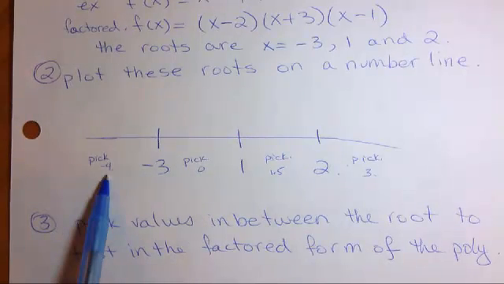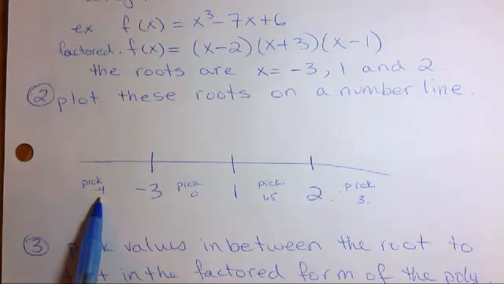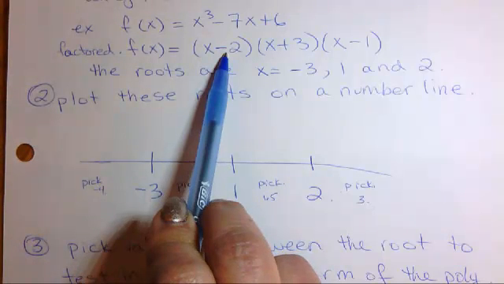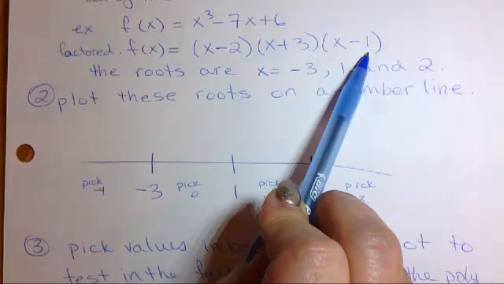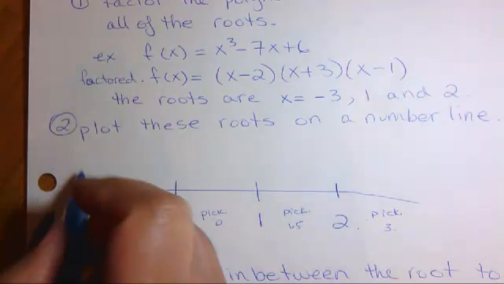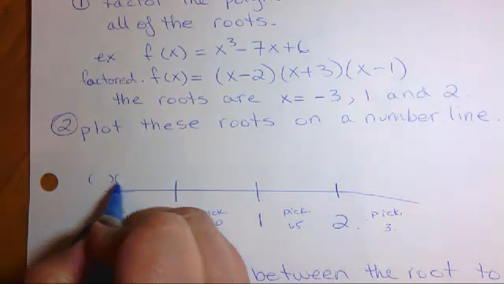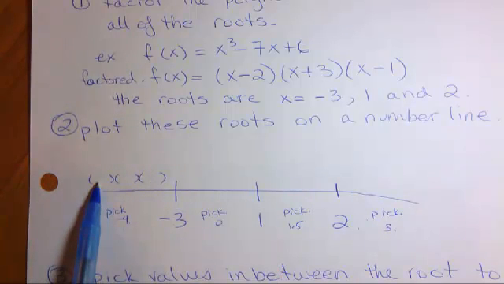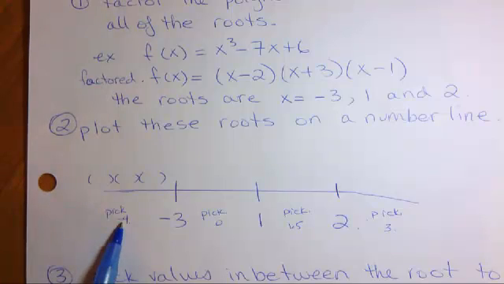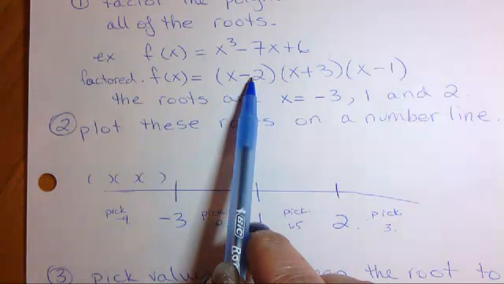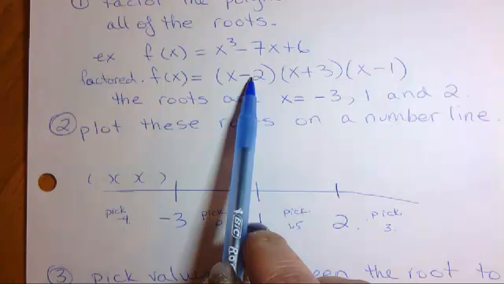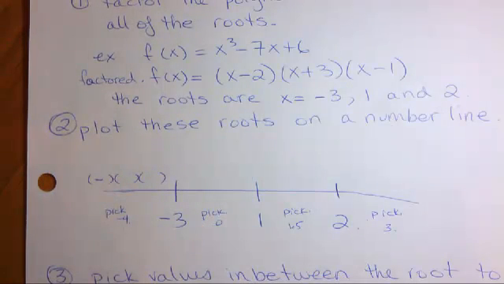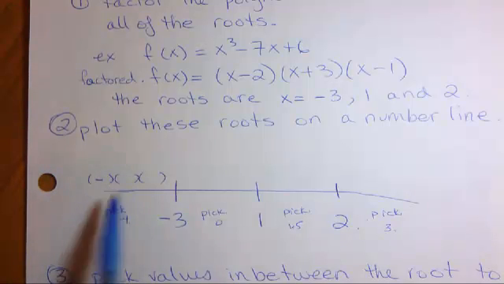Okay, now that we have those numbers that we've chosen, we're going to take this negative 4 and put it into the factored form. All we're going to do is figure out whether each bracket ends up being positive or negative. So these are my 3 brackets here. If I put negative 4 into this x minus 2, I end up with negative 6. Now, I don't really care whether it's negative 6. All I care about is whether it's negative or positive.